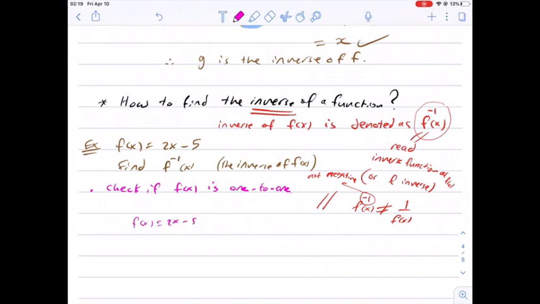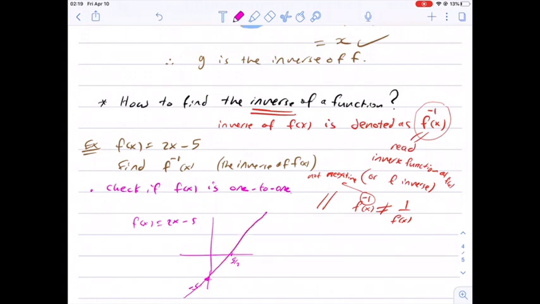So the function f of x, 2x minus 5, can be graphed. When we substitute x equals 0, we get negative 5 here. Substitute, for example, 5 over 2, 2.5, you get 0. So the graph looks like this.